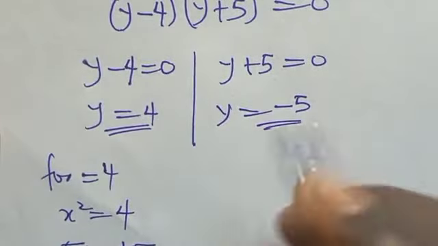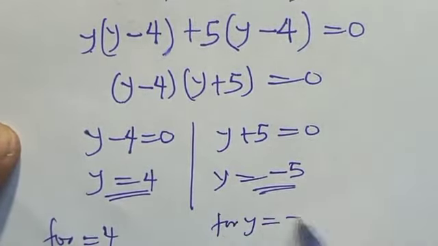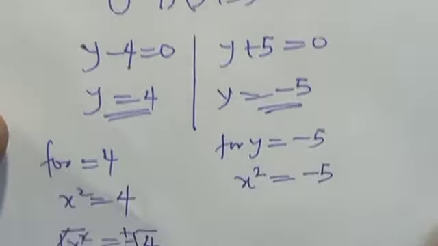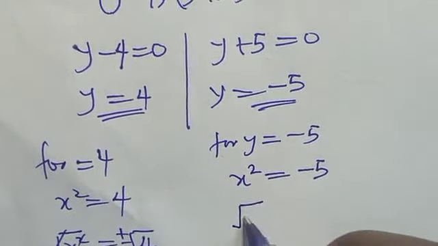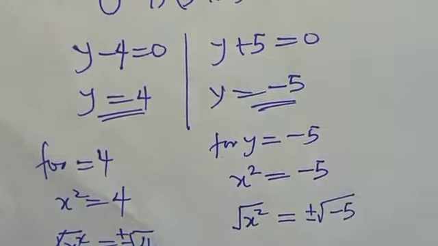And for the second case, we're going to do the same. For y equals minus 5, s squared will be equal to minus 5. And this is fine. So if we take the square root of both sides, s equals plus or minus the square root of minus 5.